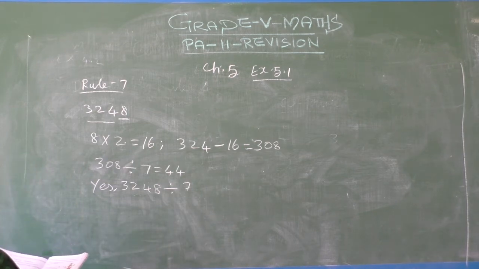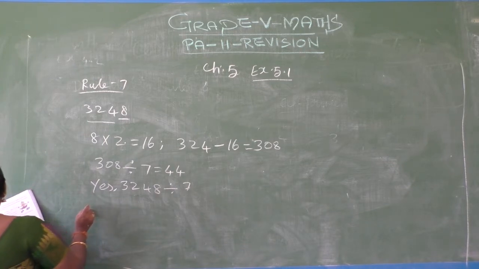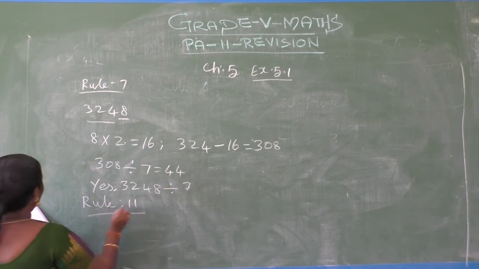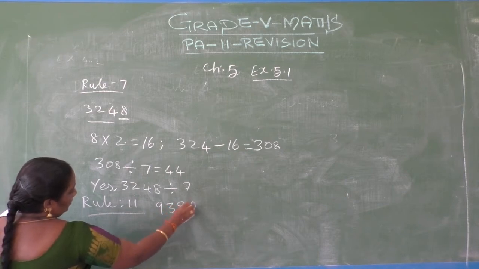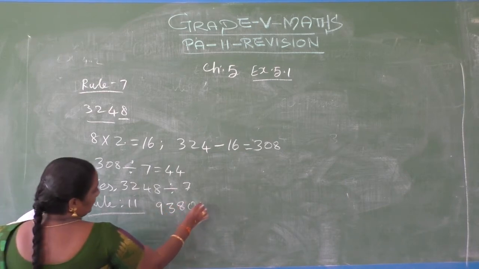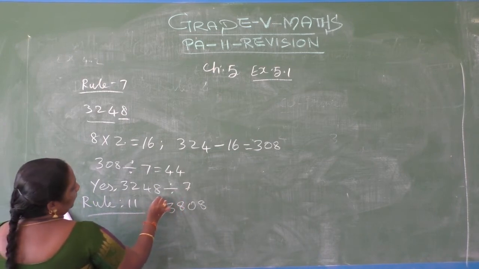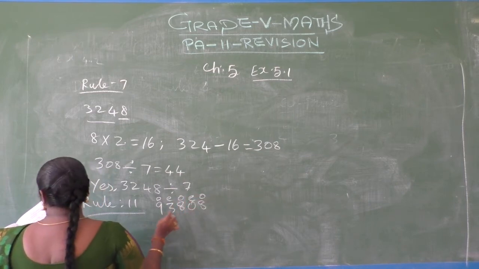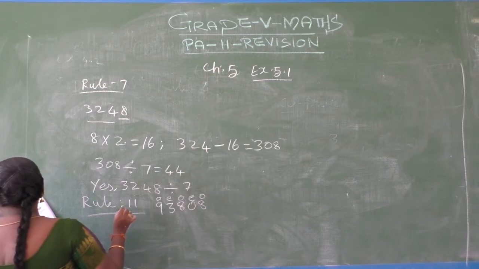Okay? Then what is the rule for 11? See, 93,808. You have to mark the places on top of the digits: odd, even, odd. First you have to find the sum of the odd places.